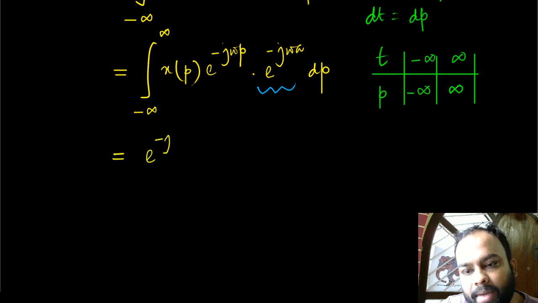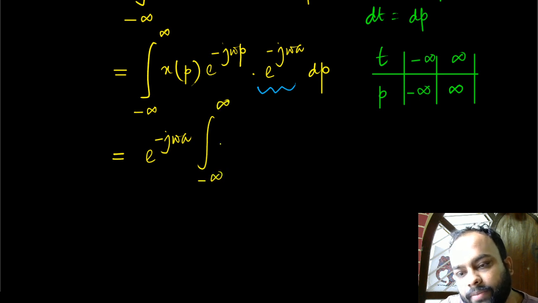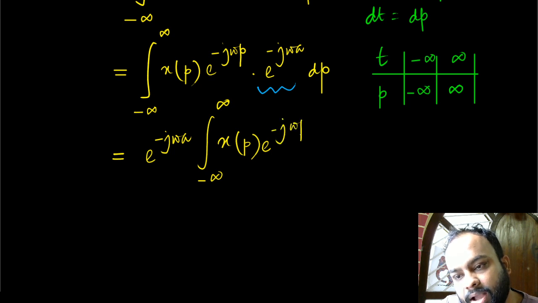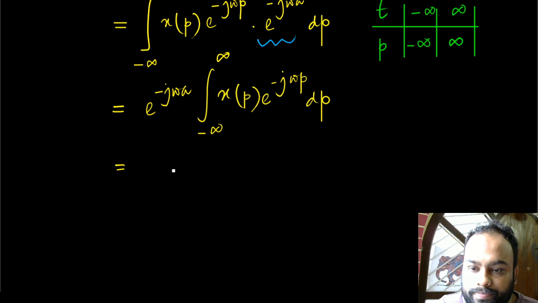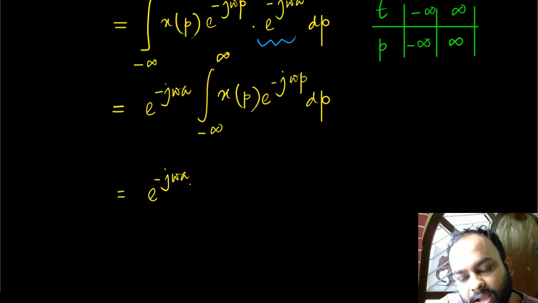I have e to the power minus j omega a, and an integration from minus infinity to infinity of x(p) e to the power minus j omega p dp, right? So this is e to the power minus j omega a times the integration from minus infinity to infinity.